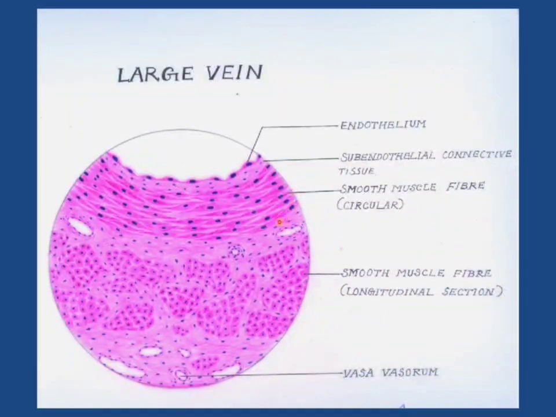The tunica adventitia will be very thick, which contains the collagen fibers as well as a large number of bundles of smooth muscle fibers which run longitudinally. In this adventitial layer, you can make out small blood vessels which are supplying the wall of the vein called vasa vasorum. The example for large vein is inferior vena cava.